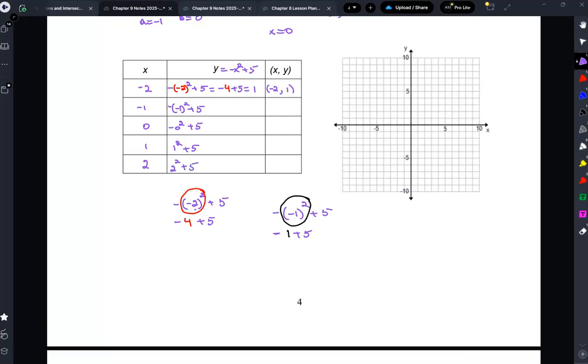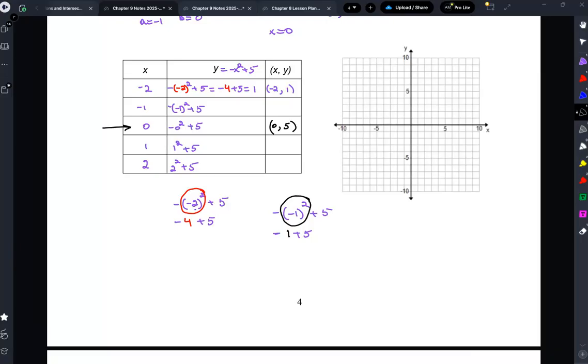Here's a little piece of sisterly advice. If I were doing this for myself, I would definitely do the 0, because that's easy, and you have to do it because it's the vertex. I get 0, 5. Then I always pick the positive numbers versus the negative numbers.